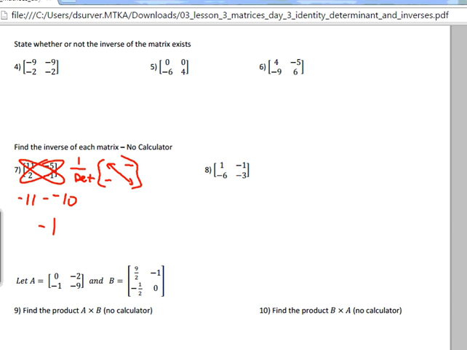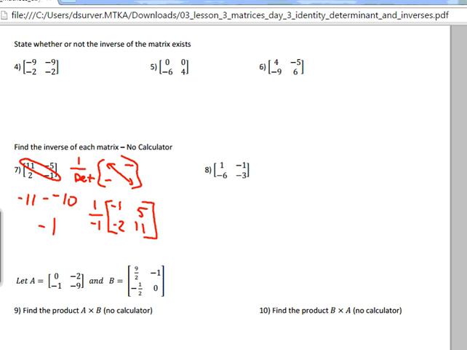So I go 1 over the determinant, negative 1, which is the same as negative 1, times this thing. I have to flip-flop the 1 and the 11. These get flip-flopped. Negative 1 goes here, 11 goes there. And then the other two become the opposite of what they were. The negative 5 becomes 5, and the 2 becomes negative 2.